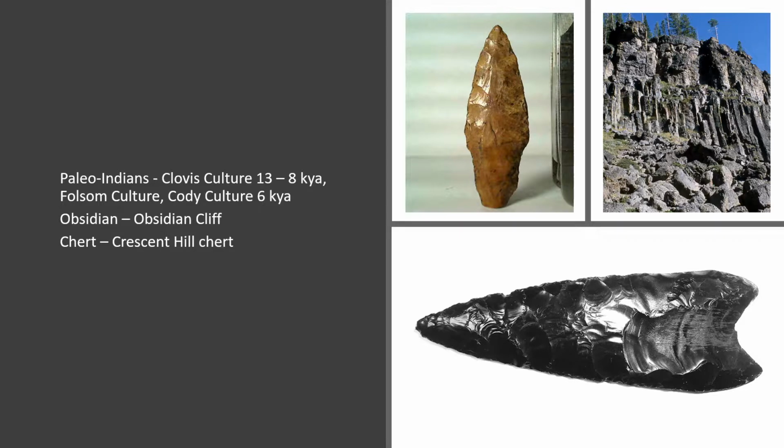One of the things that's distinct about the Clovis culture is the manufacture of biface, meaning both sides, stone implements, mainly spear points that look a lot like this black obsidian point shown on this slide here.